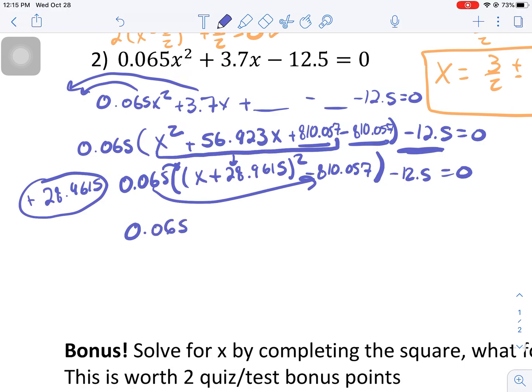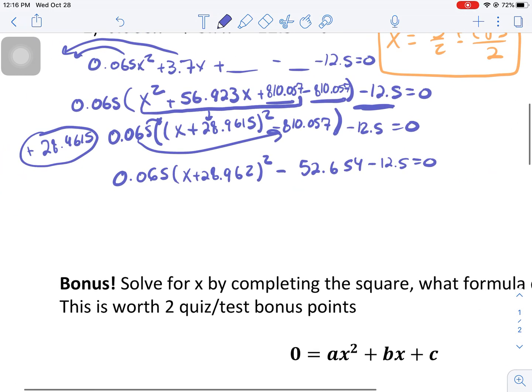So this is 0.065 times x plus 28.46 squared, minus 52.654, minus 12.5 is equal to 0. Now we can go negative 52.654 minus 12.5.